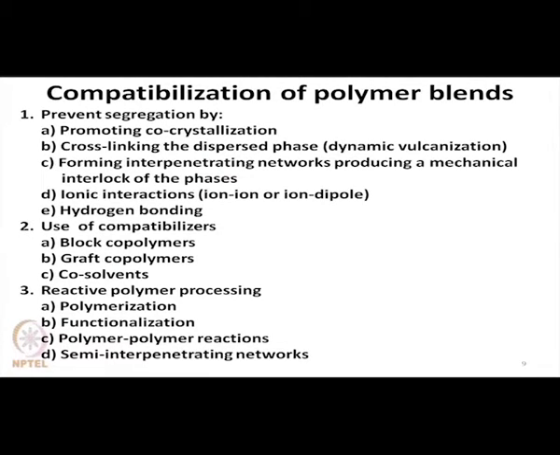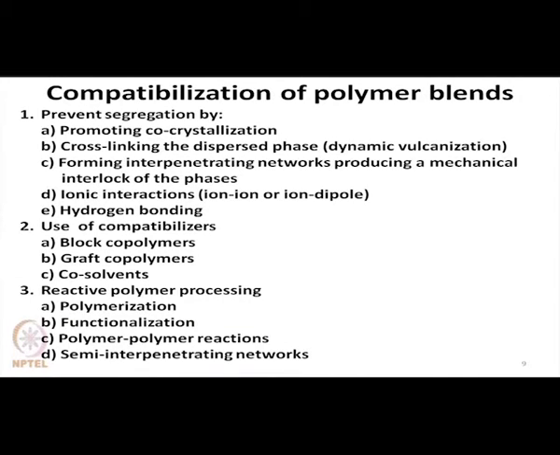Next is hydrogen bonding. It is a secondary interaction. Through secondary interaction, hydrogen bonding, one can prevent the segregation of the component polymers. That means hydrogen present in one polymer is linked to some electronegative atom, and hydrogen present in another polymer is linked to some electronegative atom.